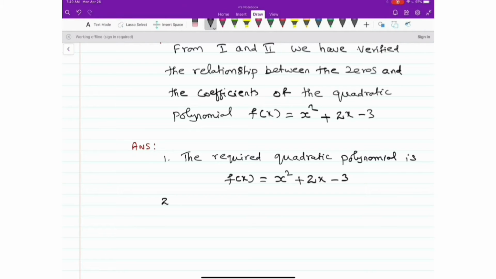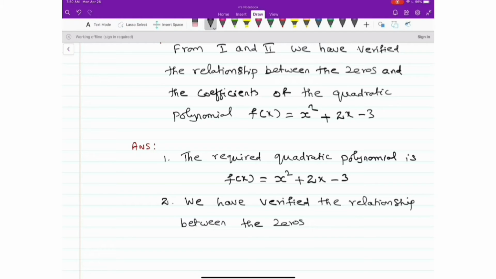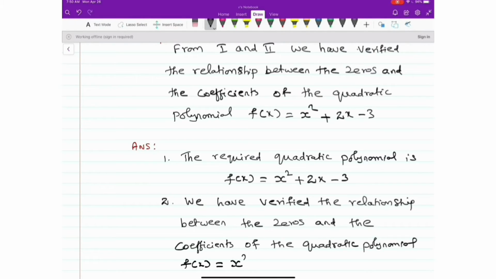Then the second part answer: we have verified the relationship between the zeros and the coefficients of the quadratic polynomial f of x is equal to x square plus 2x minus 3.